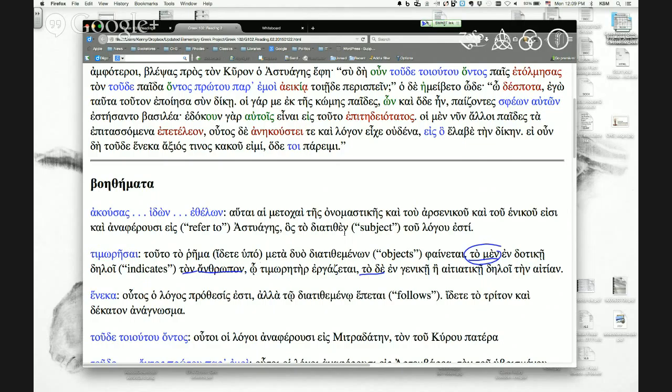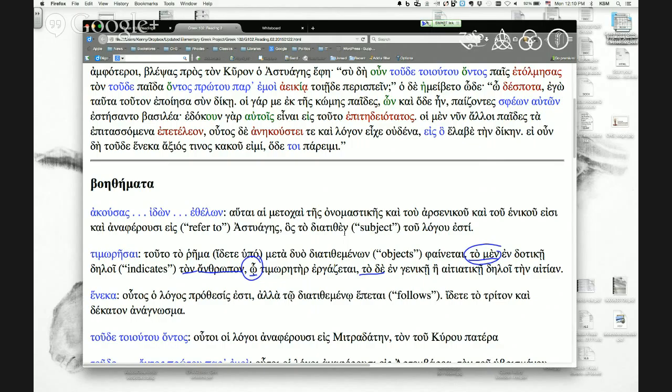Okay, so what is the case here? Does that refer to the dative, or is that something different?